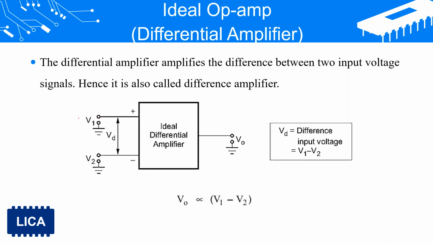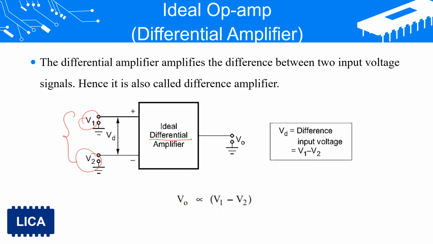As we already know, an op-amp consists of two input signals, V1 and V2. These are the input voltages. The ideal differential amplifier can perform the difference between these two voltage sources, V1 minus V2.